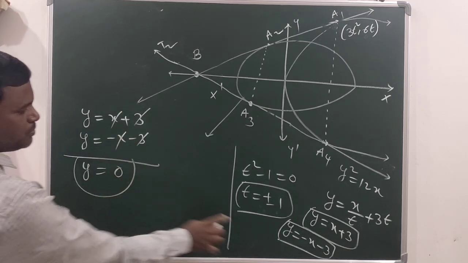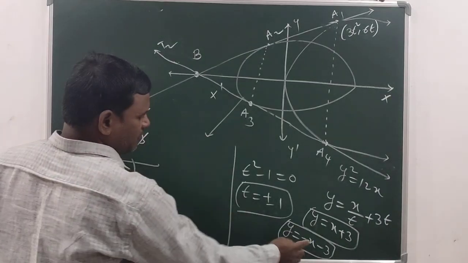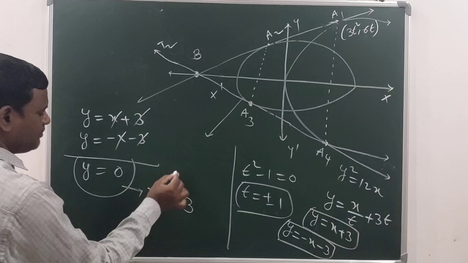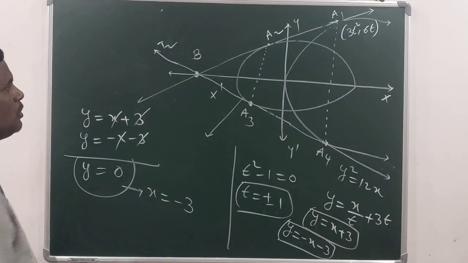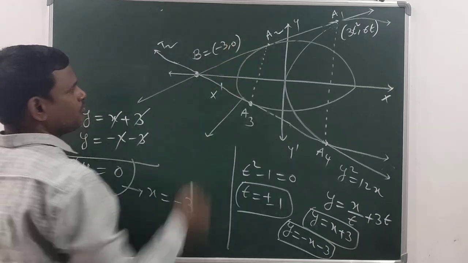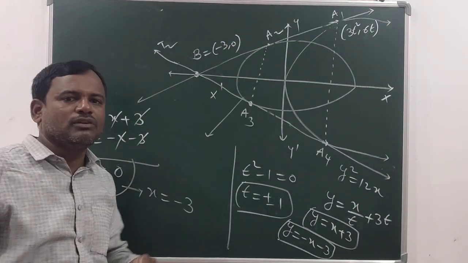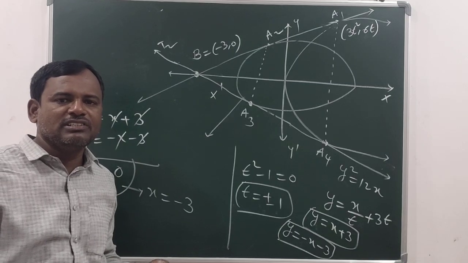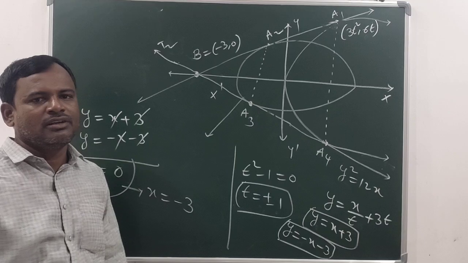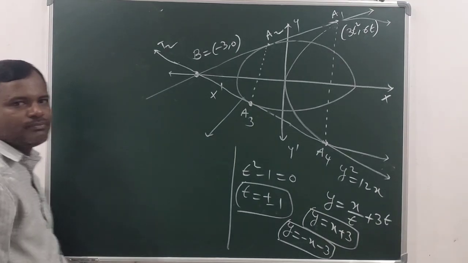Substitute y equal to 0 in any one of these two, and x will become minus 3. So the point of intersection you got is minus 3 comma 0. You have answered one question. What is one of the questions? Find the point of intersection of these two common tangents on the x-axis. You got it. And let us go to answer the second question.